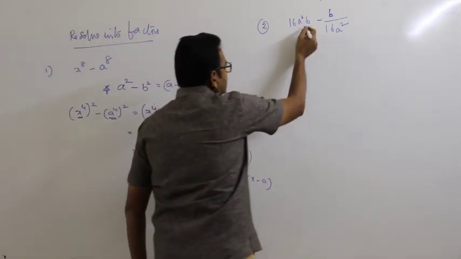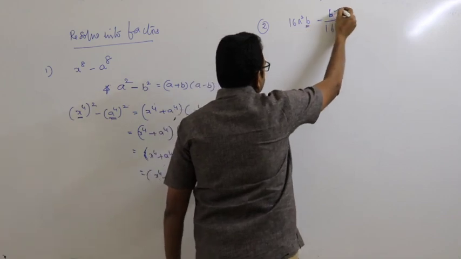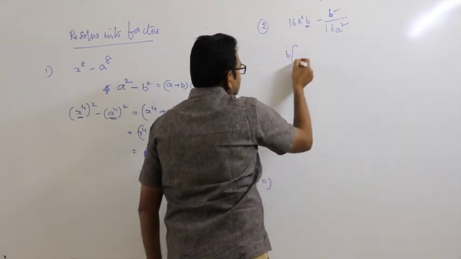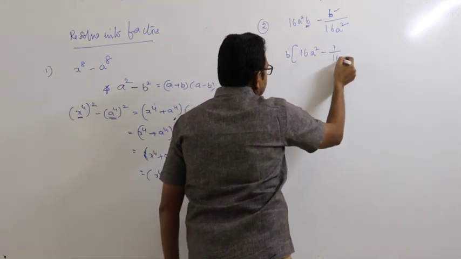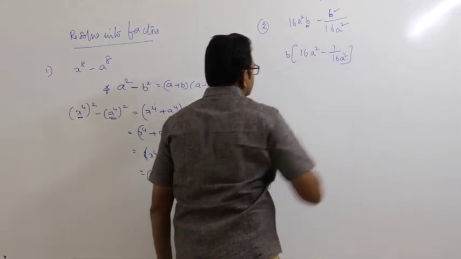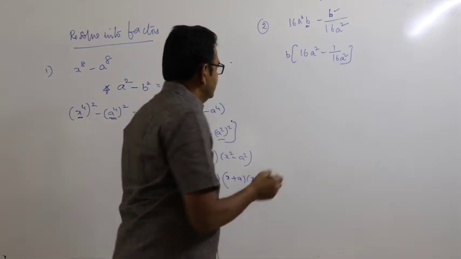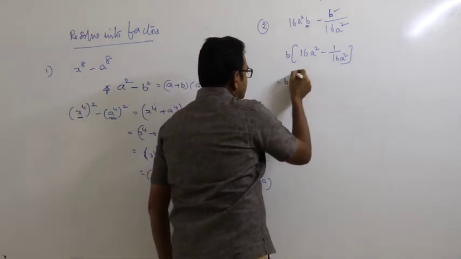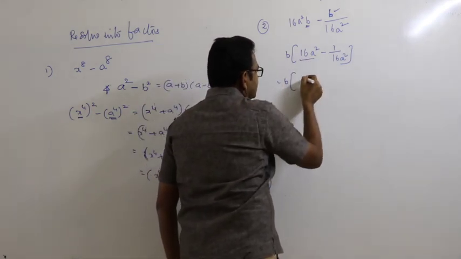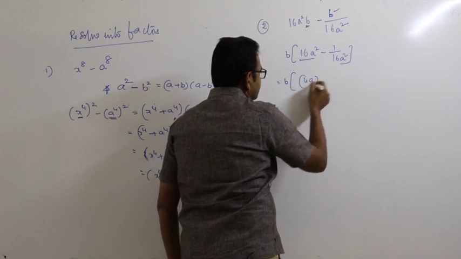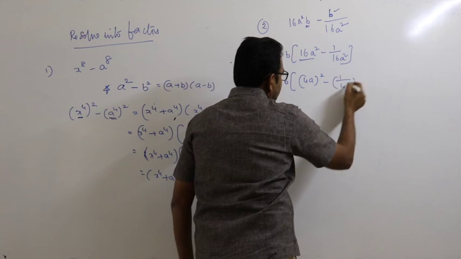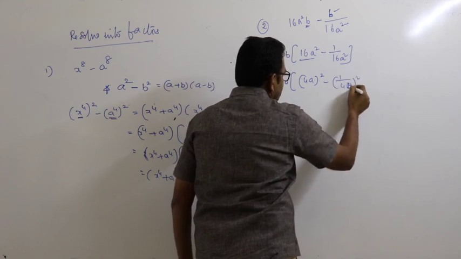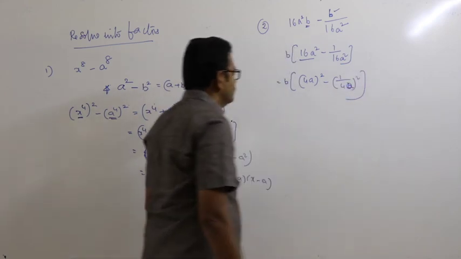See here it is b, it is also b. b is taken common. 16a square minus 1 by 16a square. That is b into 4a whole square minus 1 by 4a whole square.